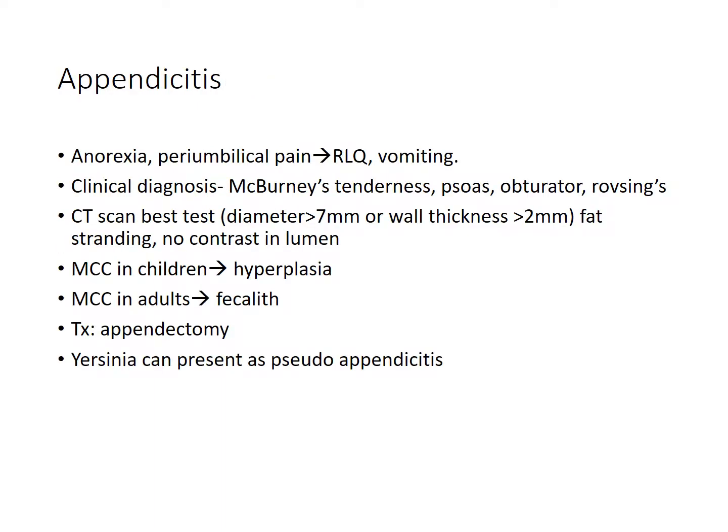Appendicitis, so your standard presentation is going to be anorexia, periumbilical pain, which becomes more focal and migrates to the right lower quadrant, and vomiting. You have your clinical diagnosis. CT is helpful, but not necessary. You can use your tests such as psoas, obturator, and Rovsing's.